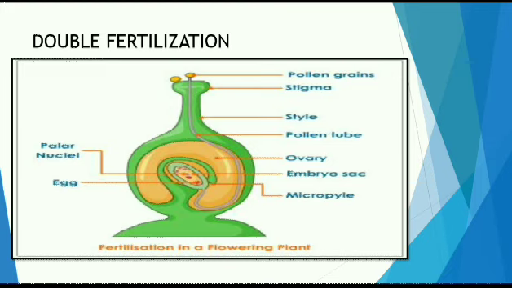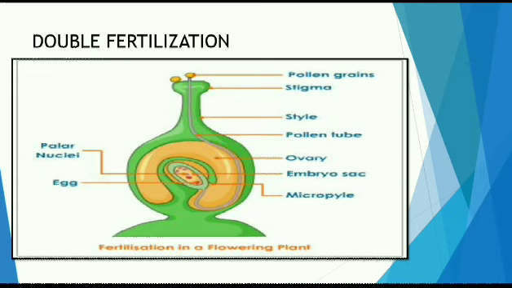Second thing is that if the polar nuclei fuse with the male gamete, 3n chromosomes are formed, because they already have two nuclei plus one male gamete nucleus, so completely it is 3n.